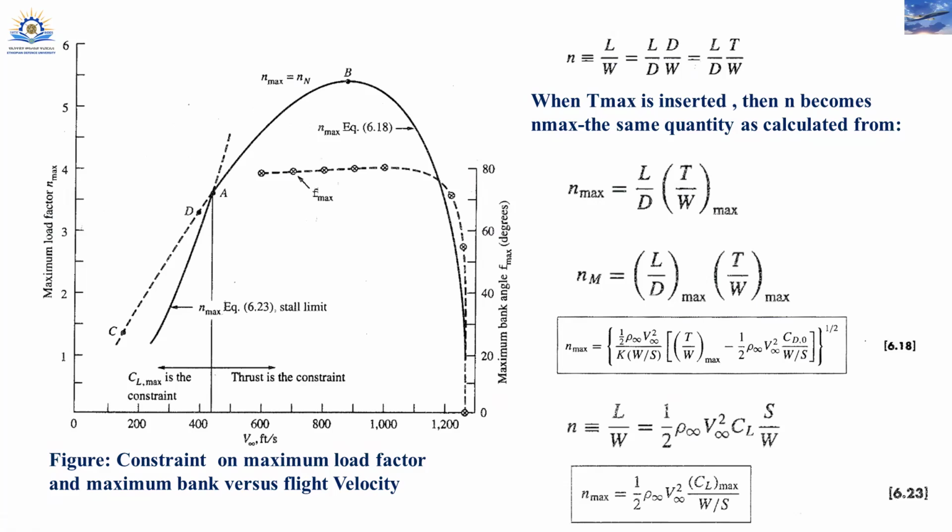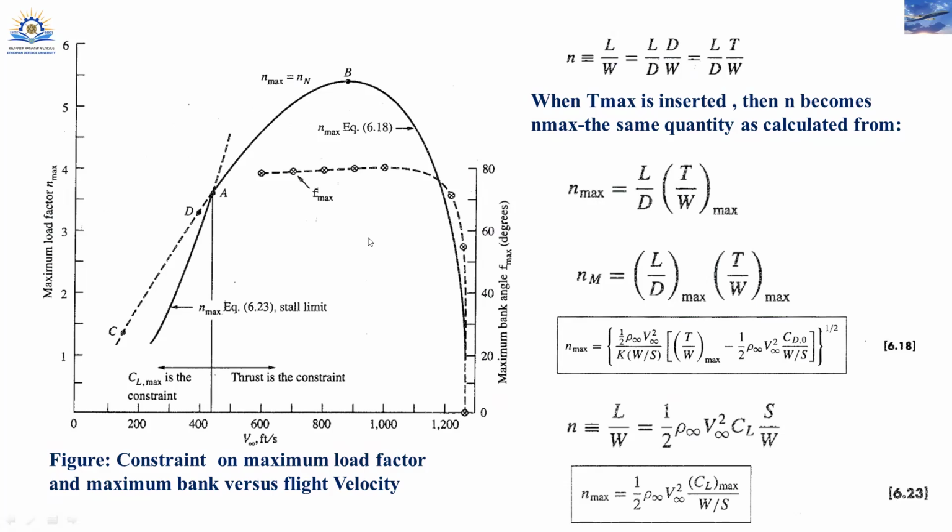In order to get maximum N max, the thrust to weight ratio should be maximum. So from that diagram you can find the limiting point. There are points A, B, C, and D in this graph that give us different values. This condition will limit us from going further.